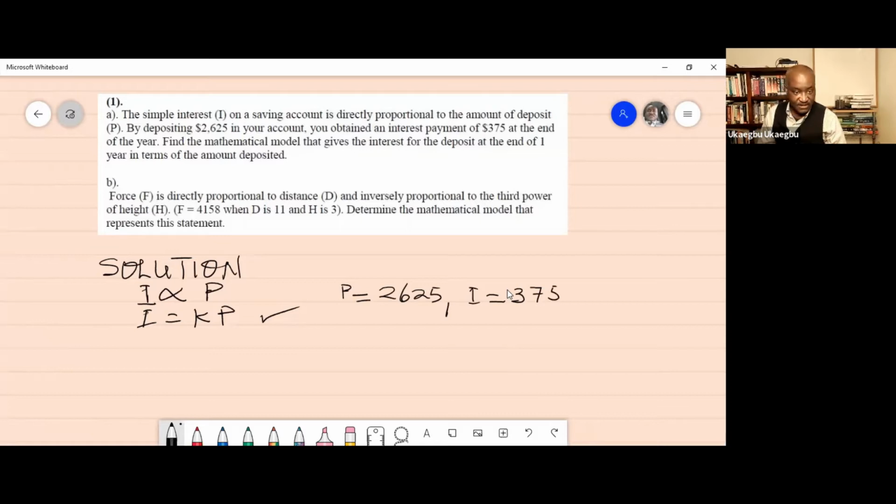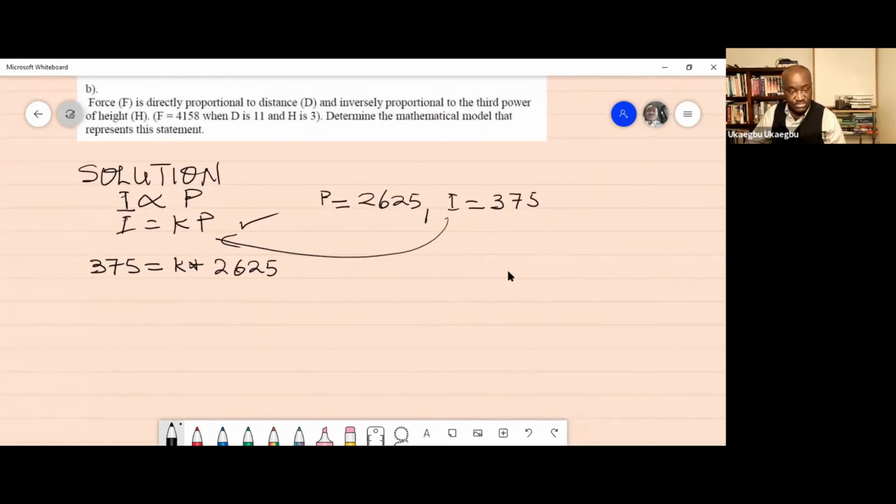All these are in dollars. Then all you do is make those substitutions into your equation. So that gives you 375 equal to K, multiplied by the principal, which is 2625. Okay, so how do we solve for K?